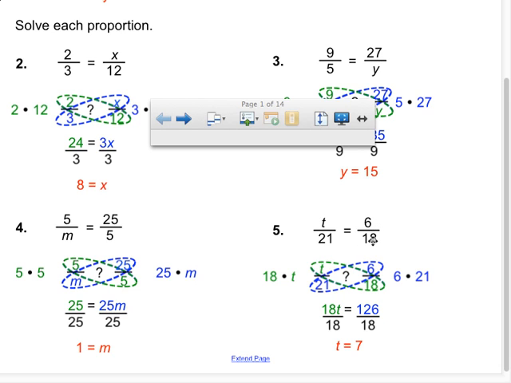Okay, so you're thinking, if I took the reciprocal, what's the multiple between 18 and 6? So this would simplify to 1/3, right? And how can I rewrite this so it's 1/3? 7 over 21 is the same as 1/3. Okay, that's another method. That'll work.